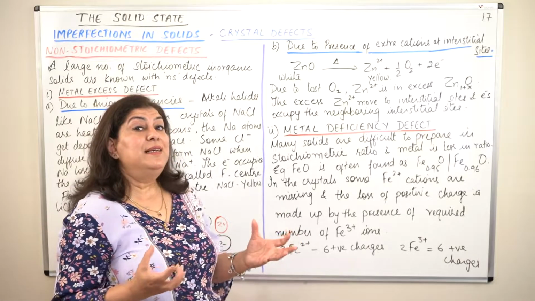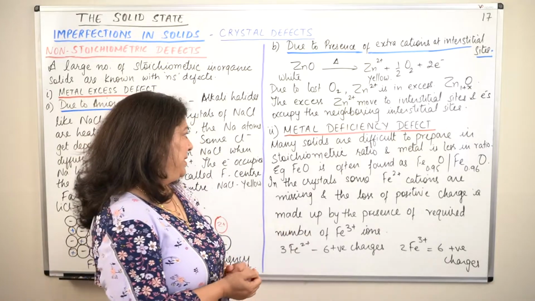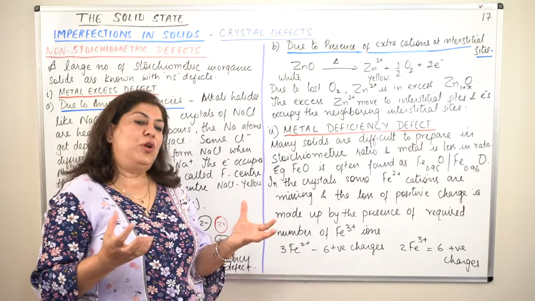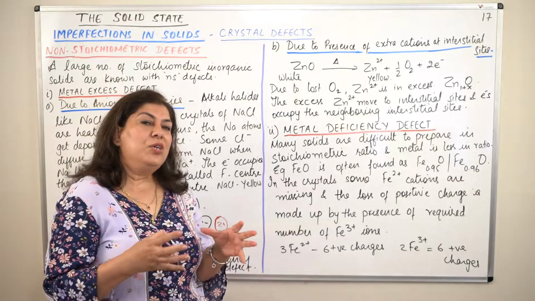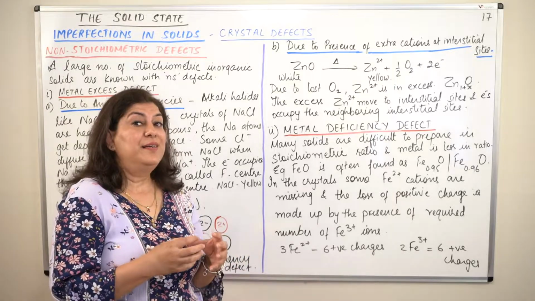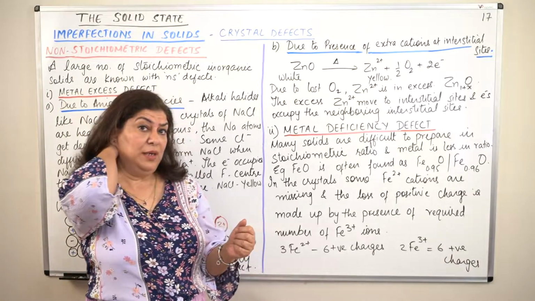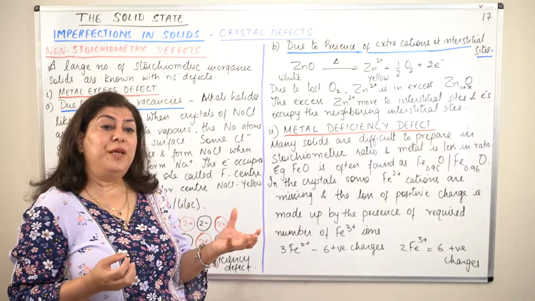How is the metal deficiency defect created, or what causes it? It has been seen that many solids, when you are trying to prepare the crystals, it's not easy to prepare the crystal. Metal atoms may be very small in size, but most of them are pretty heavy.